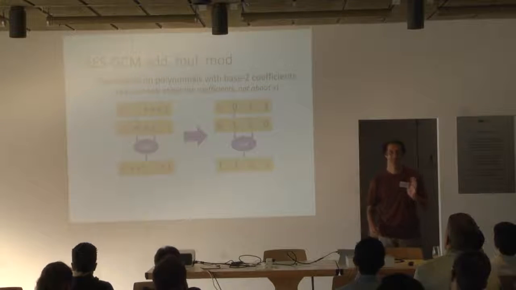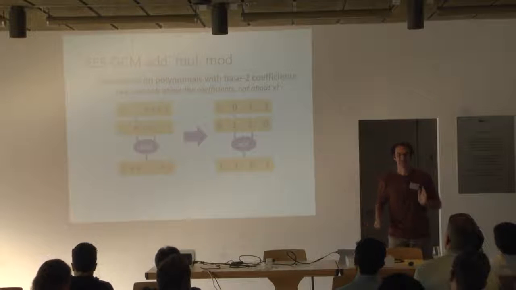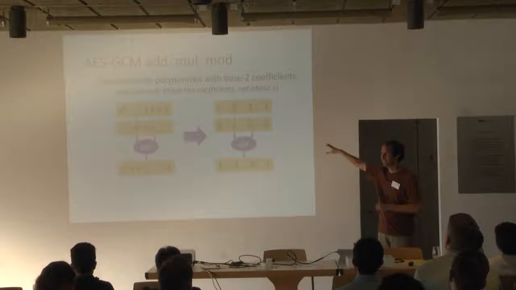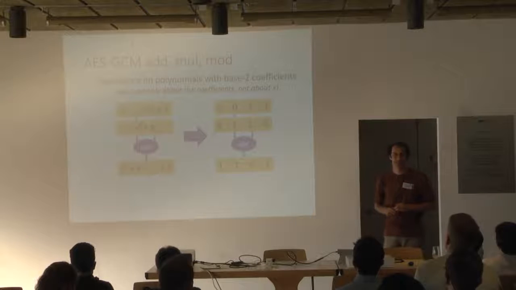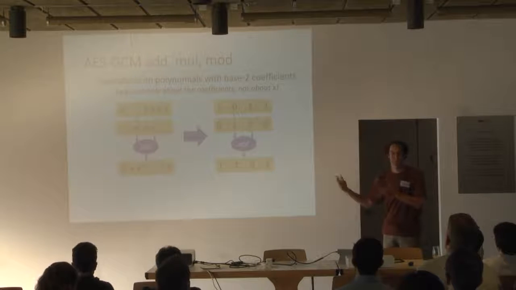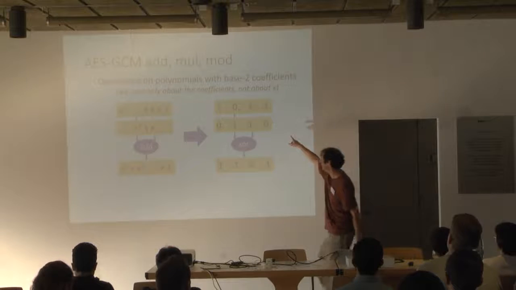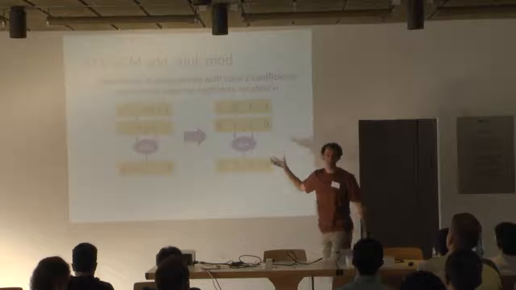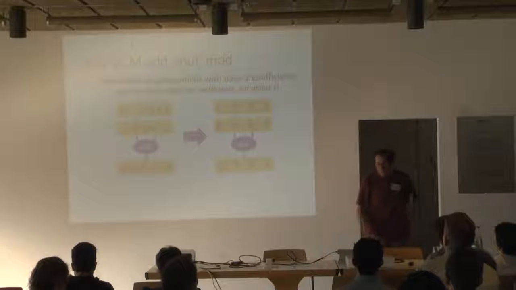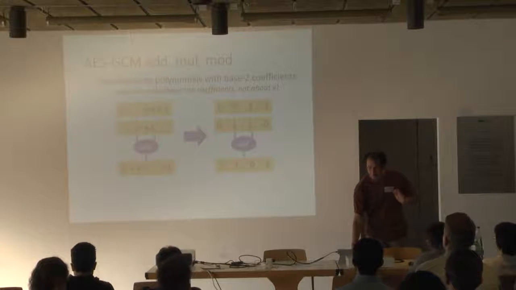So we can just think of this in terms of bits. And if you think of this in terms of bits, this add is just an XOR. And the blocks of plain text and ciphertext and so on will just be bits here that we do, say, XORs on. So that's add.